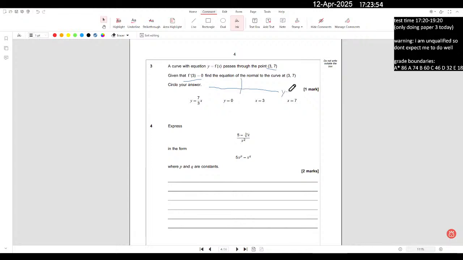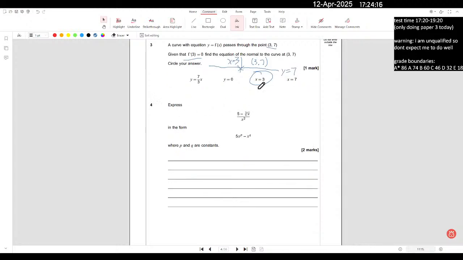If this was y equals 0, well actually no, this is y equals 7. This is at (3, 7). This should be x equals 3. Well, what I'm saying is that this is 0 gradient, so y equals 7 there.